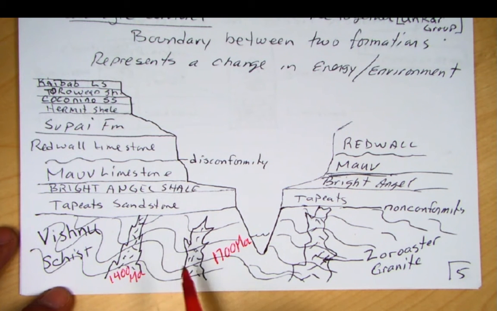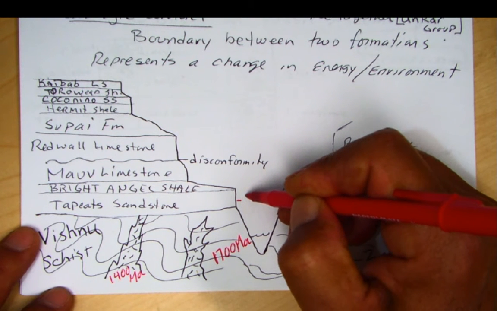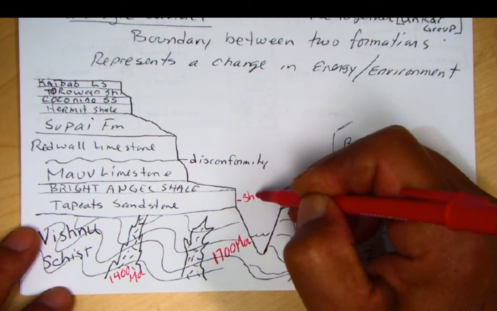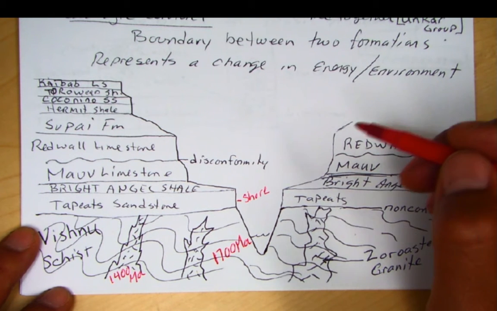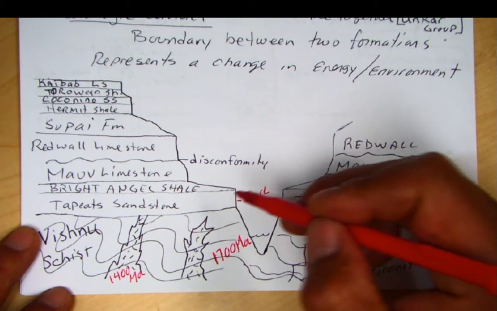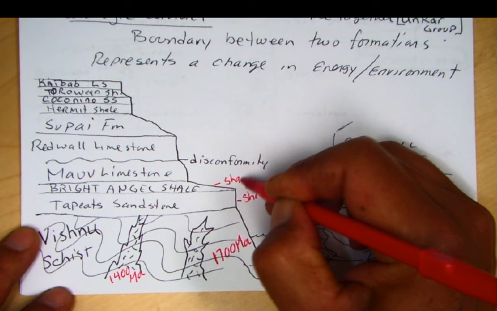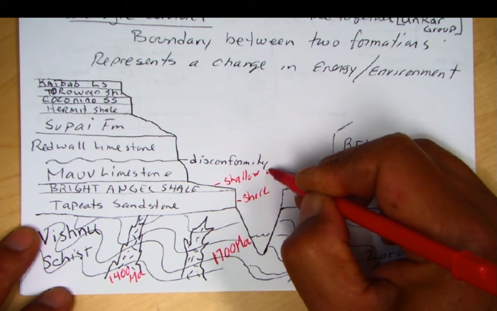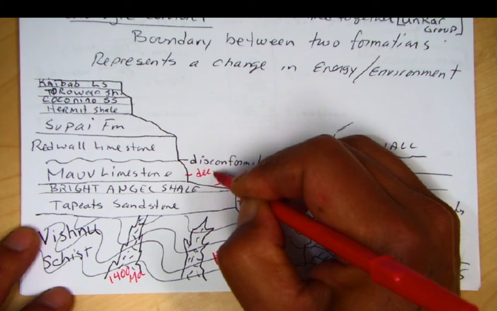Another thing to note here, as we're going from the Tapeats Sandstone, we know that this is some shoreline, the environment for a beach, shallow water, some shore of a sea that was encroaching. The shale is shallow water, but we know we're in a little deeper waters. And then obviously the limestone, these are going to be the deep waters.